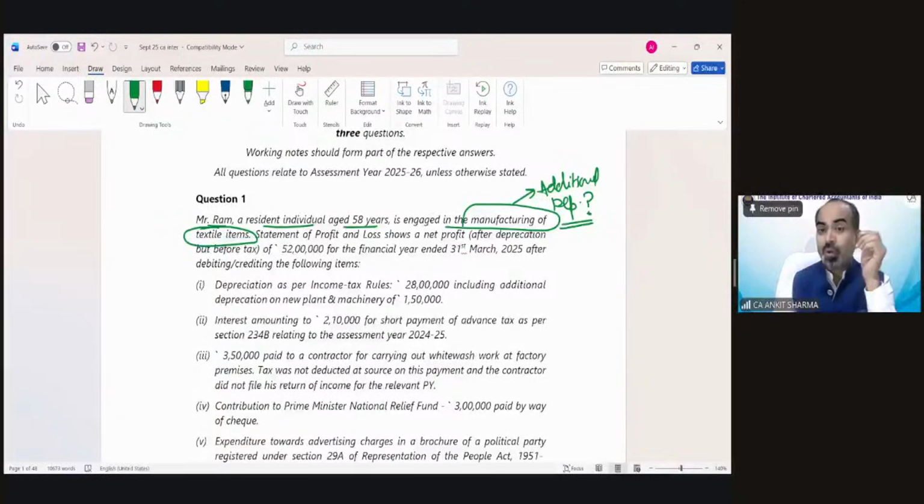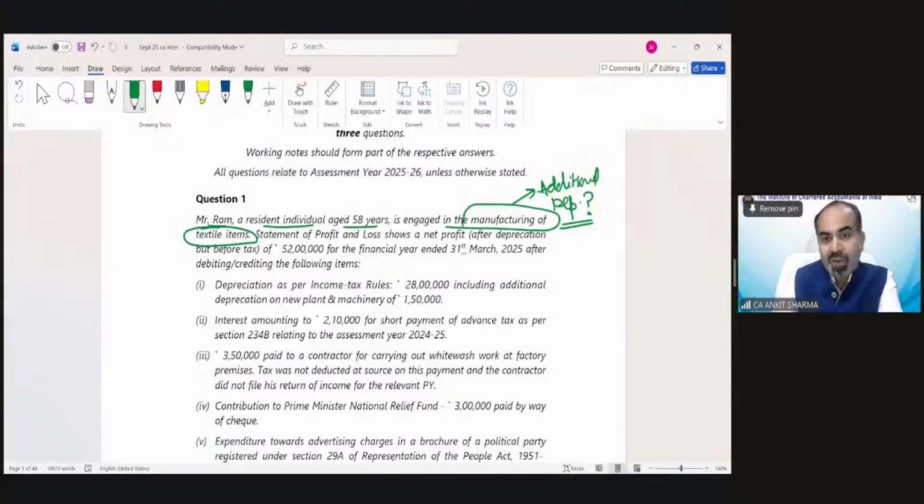As I've told you, it does not specifically need to be asked in the examination that you have to calculate additional depreciation. It's not mandatory that they are going to ask you directly. But if the condition is fulfilled, then you have to calculate additional depreciation yourself. Under default tax regime, of course, it is not applicable. So we will calculate it under optional tax regime if the information is relevant for the purpose of calculation of additional depreciation.